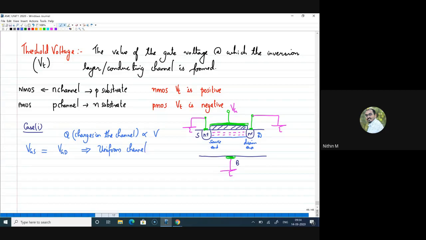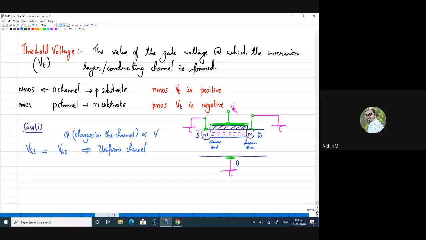Can I get a yes or no? Many are agreeing. If you're disagreeing, please let me know what your disagreement is. So I state here that since the voltage at source and drain end are equal, we can say that the channel is uniform.